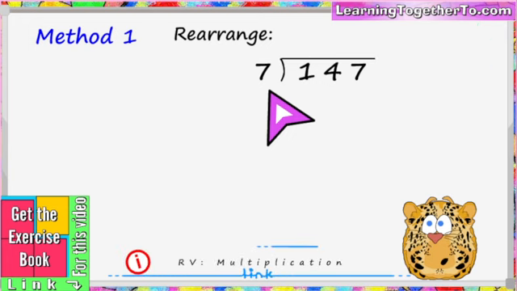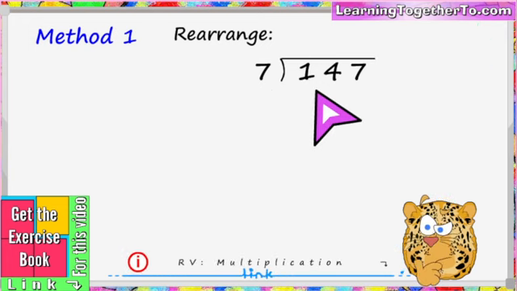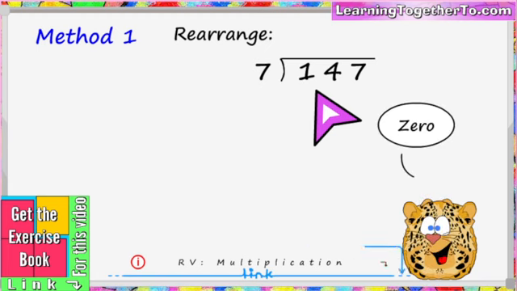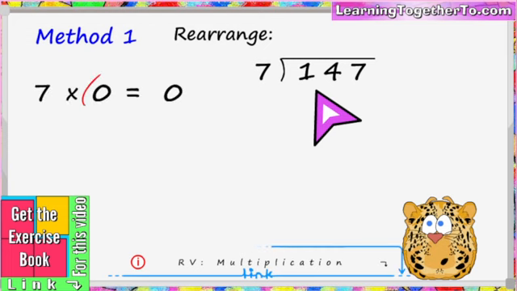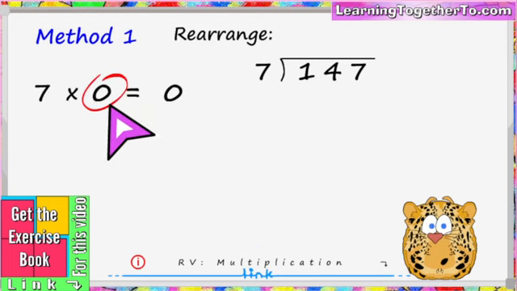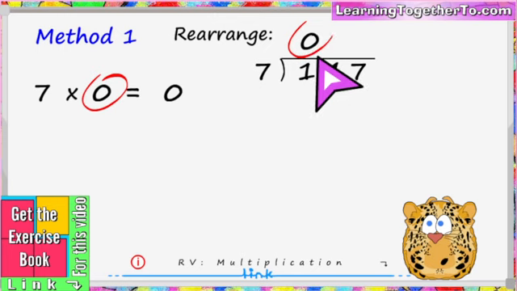Simon, how many times does 7 go into 1? 0. Nice job, Simon. 7 times 0 is equal to 0. Let's write that 0 above the bracket above the dividend in the same column as the 1.